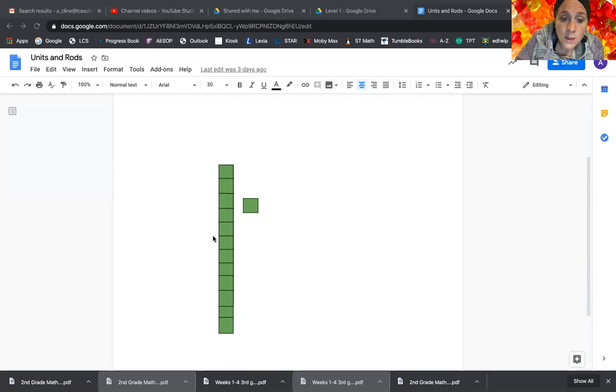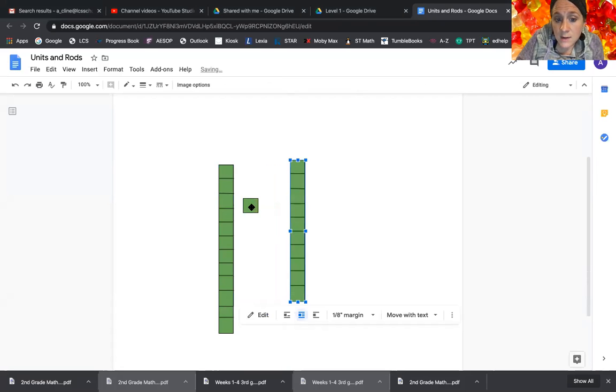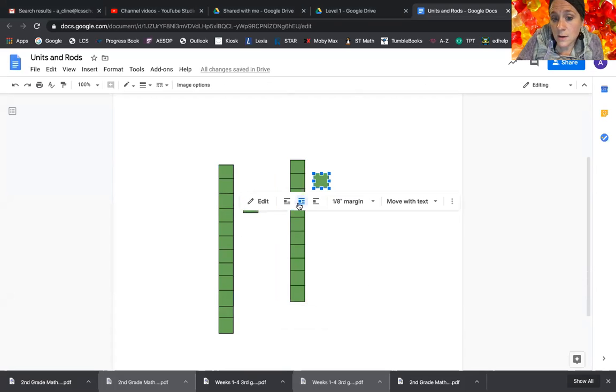And then this right here is a rod or a tens. So we have, oops, these are kind of stacked funny, but 10 of these little guys make up one of these.